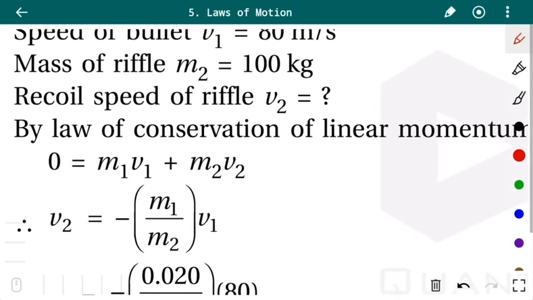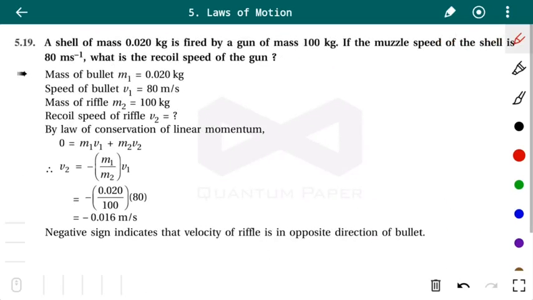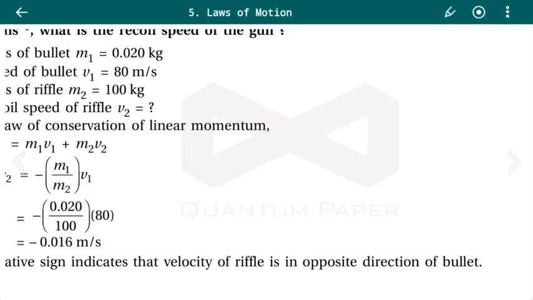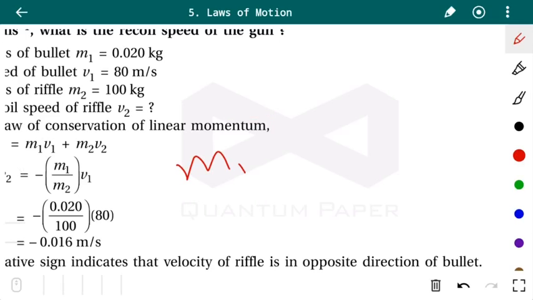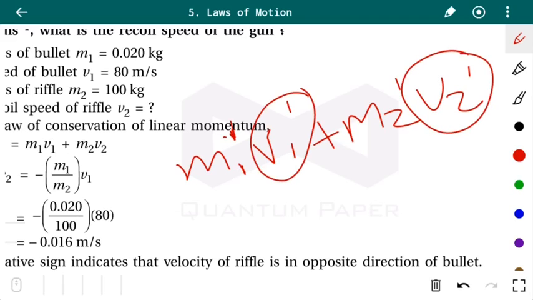So here initial momentum is m1 v1 plus m2 v2. Let us consider like this, because here the velocity of the gun as well as the bullet is 0, because both are at rest initially, so this whole term becomes 0.